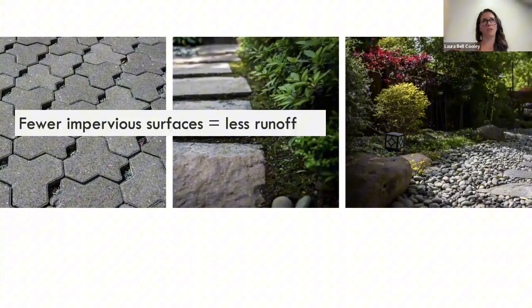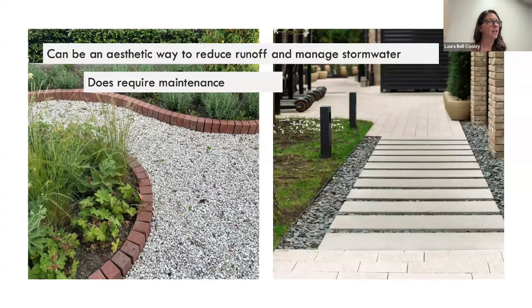So the fewer impervious surfaces you have on your landscape, the less runoff is coming off of your yard. And there's lots of different ways to think about this. That can be stone pathways, it can be stepping stones, it can be these interlocking pavers, but all of those contribute to reducing the amount of runoff.